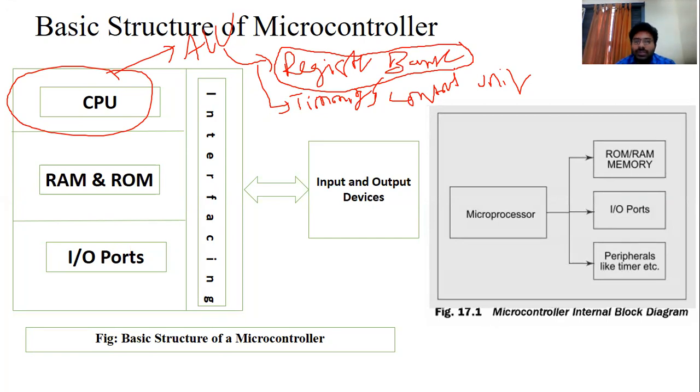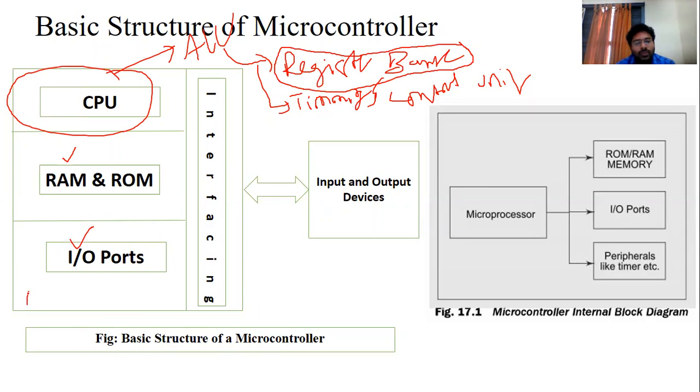Not only are these registers available in the CPU, they are available in the RAM, and at the same time in the ports also. At the same time, these registers are available in the IO.